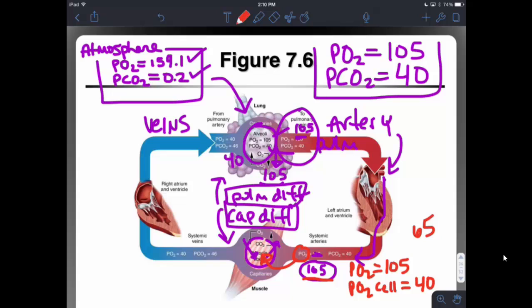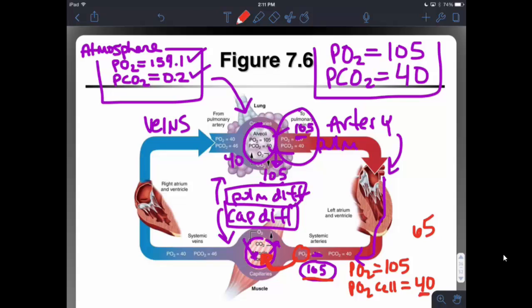And that gradient is causing oxygen to leave the capillaries and go into the cells. Okay. And as before, the oxygen is going to continue to leave the capillary blood until it equilibrates with what is in the cell, which is 40.